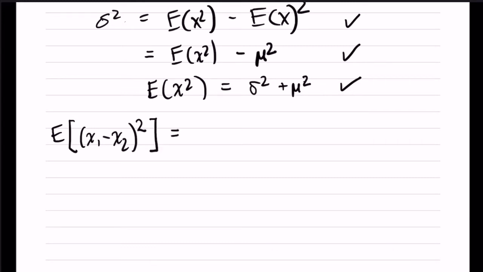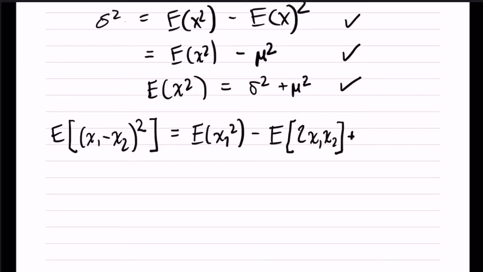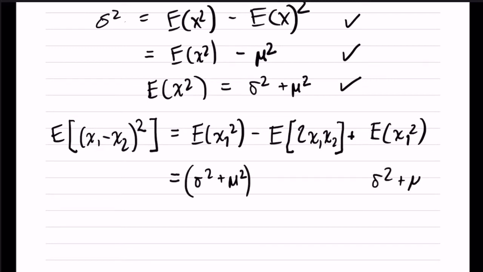Well, again, we can do the same algebra, and that's going to give you E of X1 squared minus the expectation of 2 X1 X2 plus the expectation of X2 squared. Because we have rewritten our terms here, we can ask, what's E of X1 squared? Well, any E of X squared is just sigma squared plus mu squared.